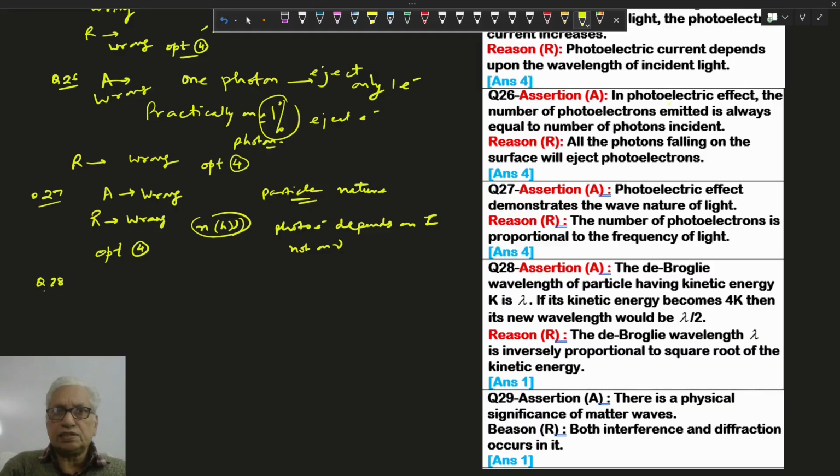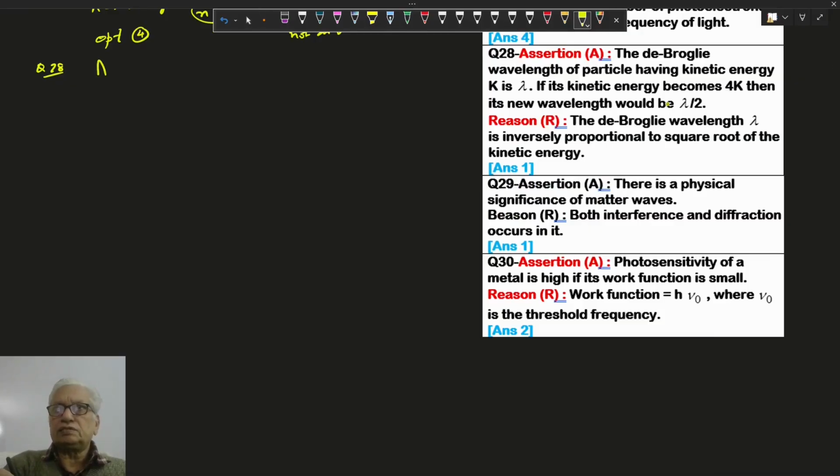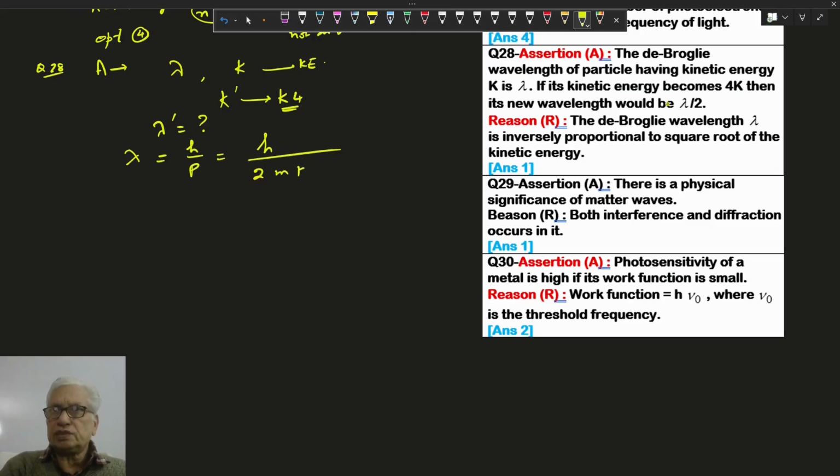Now 28. Here the assertion: de Broglie wavelength of the particle with kinetic energy K is lambda. If the kinetic energy increases 4 times, then what will the new wavelength be? De Broglie wavelength can be written as h upon root of 2mK, where K is the kinetic energy.